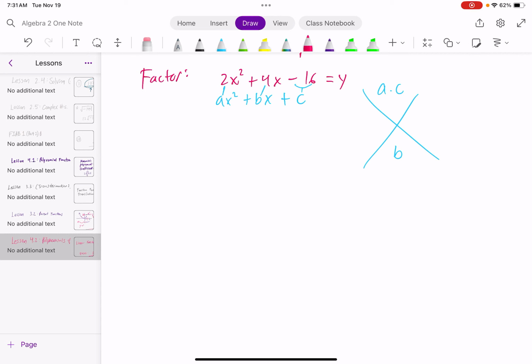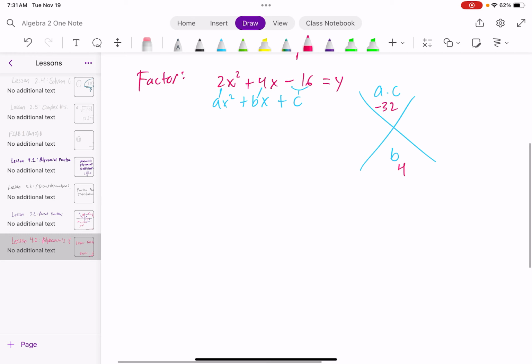So a times c is 2 times -16, which is -32. b is 4. And then you're going to find two numbers that multiply to -32 and add to 4, which are 8 and -4. 8 plus -4 is 4, and 8 times -4 is -32.